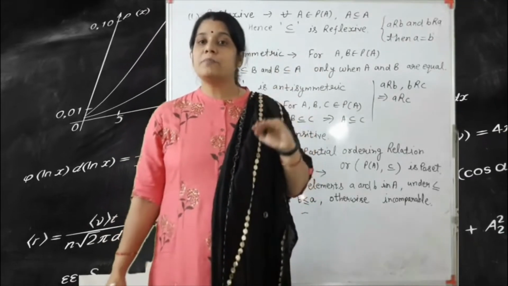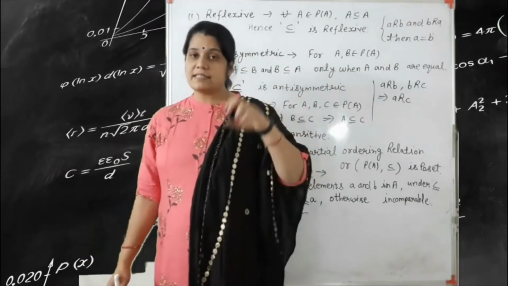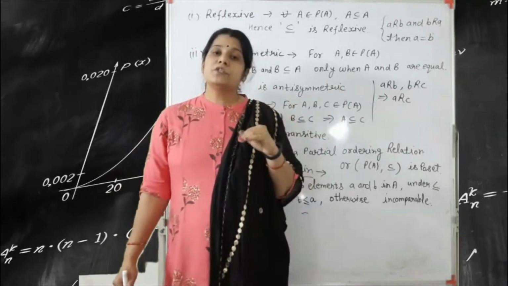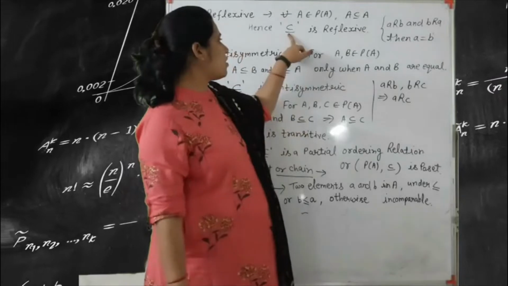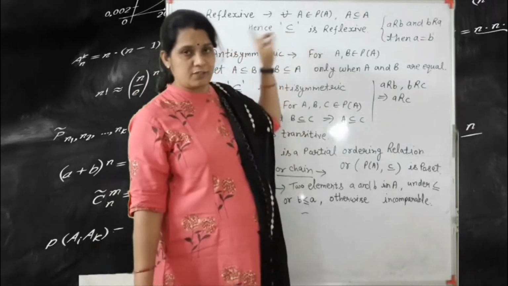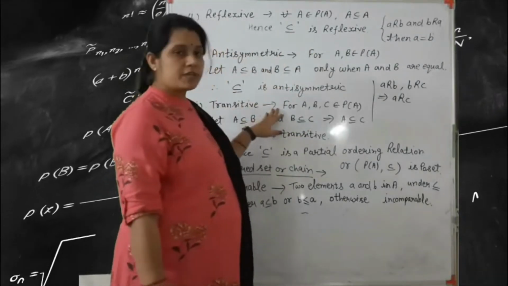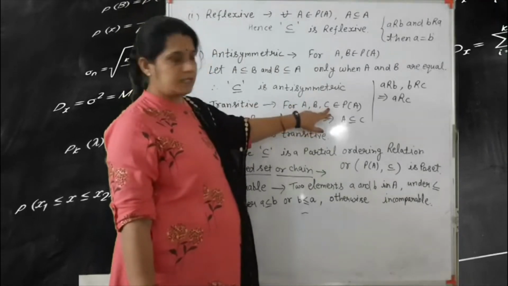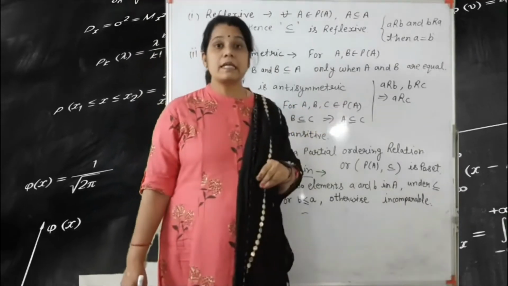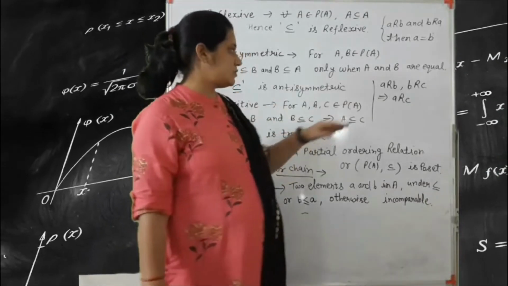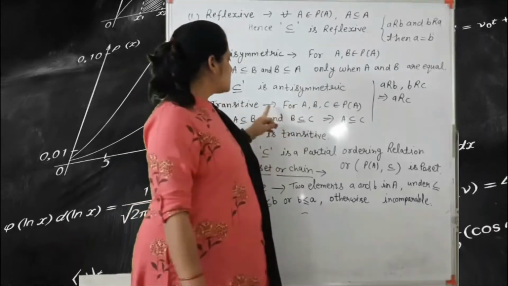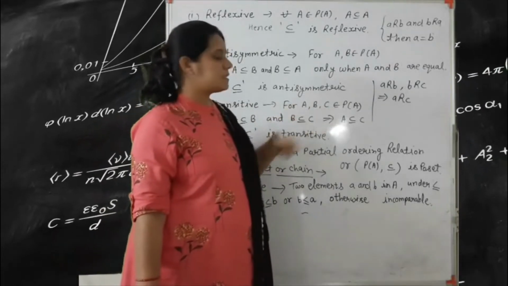According to partial order set, we consider a set A and we use this relation, subset or equal to. So according to transitivity, for A, B, C belongs to P(A), we have the three elements A, B, C. So for A, B, C belongs to P(A).